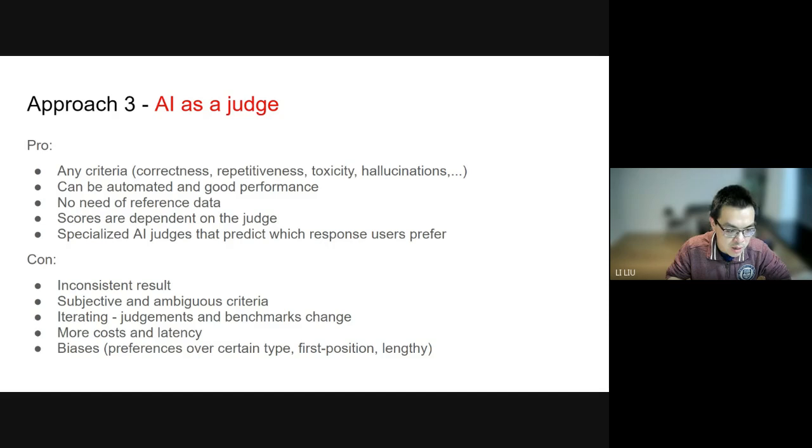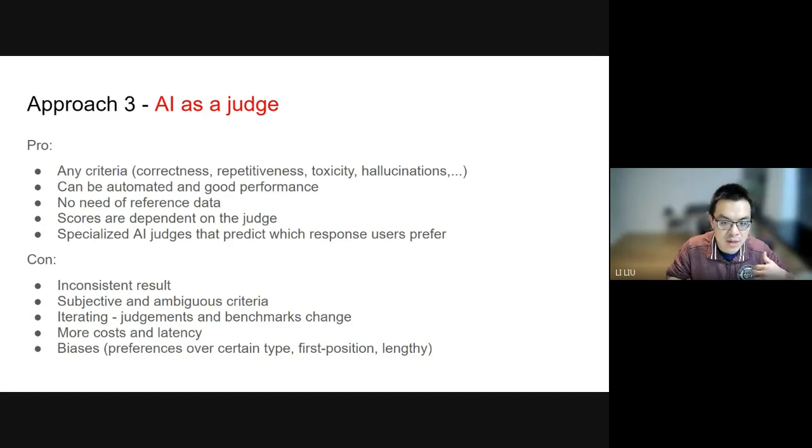But the con is that the model can produce inconsistent results. And if the model version gets updated and we also iterate the prompt version and language itself, then the benchmark will be changed. So essentially, we really don't have any historical data to compare against, because the underlying criteria also get changed.